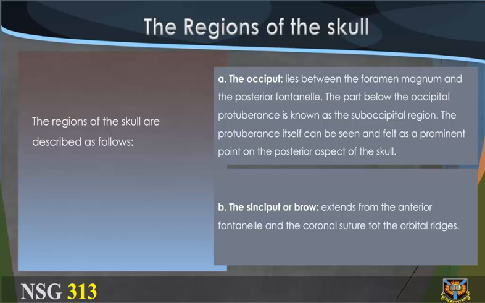The protuberance itself can be seen and felt as a prominent point on the posterior aspect of the skull. B. The sinciput or brow, extends from the anterior fontanelle and the coronal suture toward the orbital ridges.